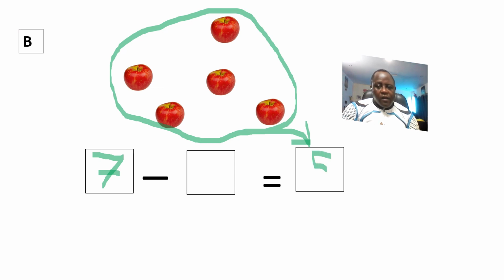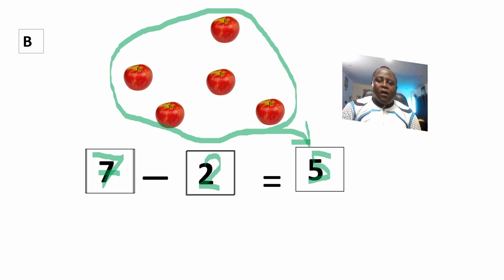So we write here 5, right? So 7 minus what? How many of the apples fell off? 2 apples fell off. So this operation is 7 minus 2 equals 5. You see 5 apples left on the screen. Good. 7 minus 2 equals 5.